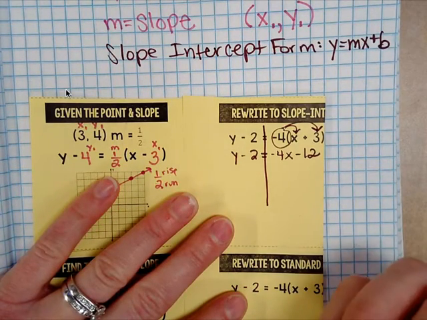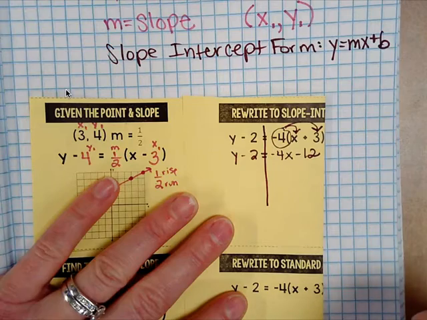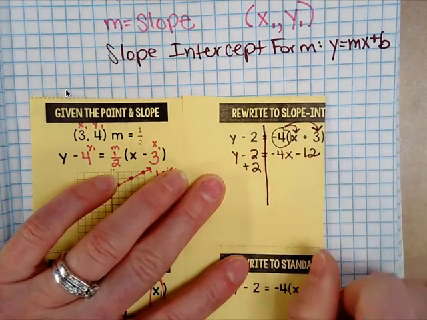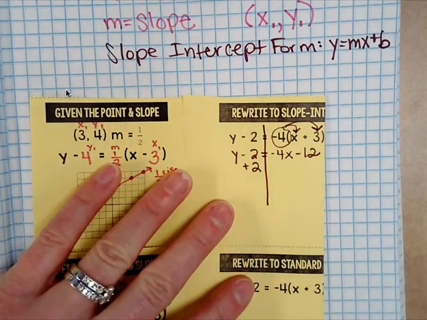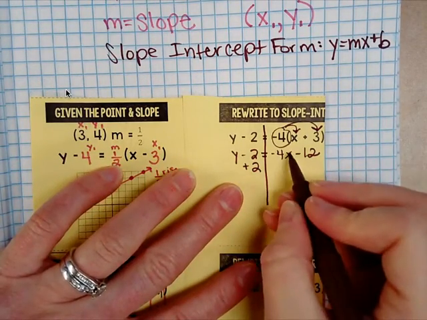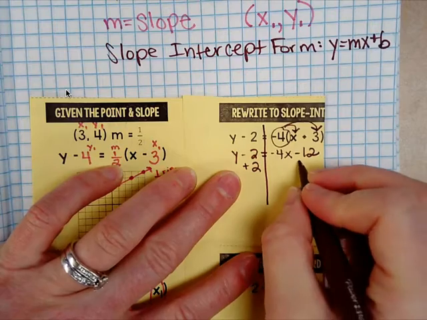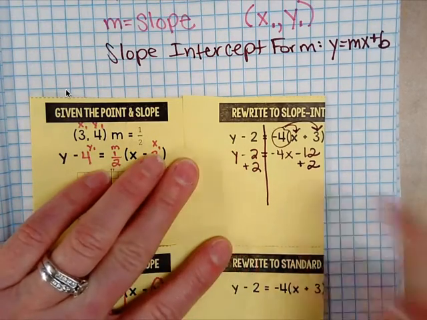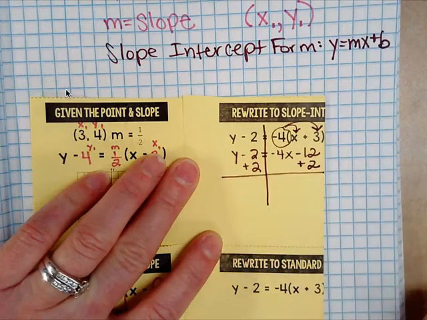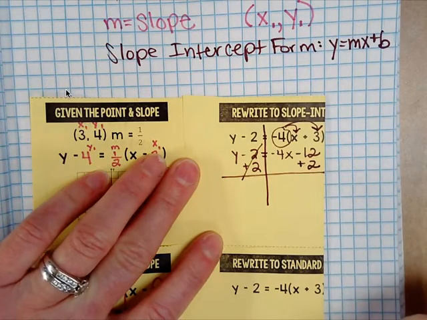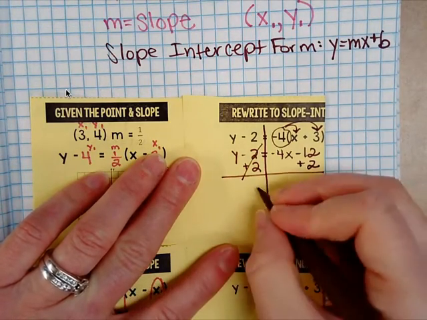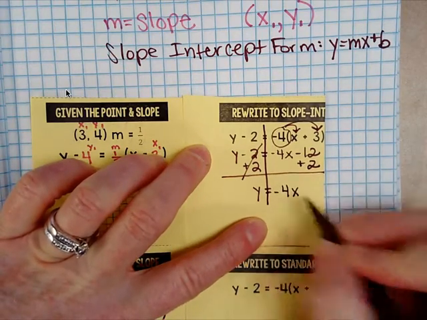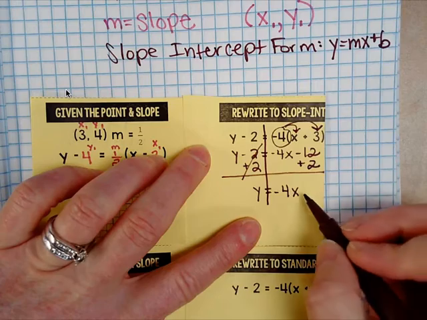What do we need to get rid of to say y equals? Add 2. Where do I add this to? To the negative 12, because it wouldn't go with the x because they're not like terms. So I'm going to put it underneath the one that is like. So these cancel because negative 2 plus 2 is 0. So we just get y equals negative 4x minus 10.